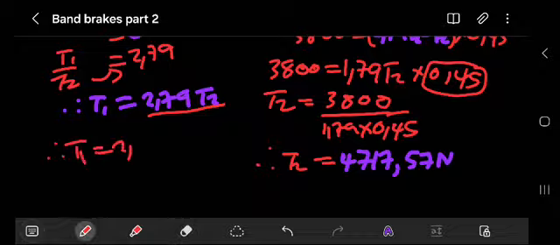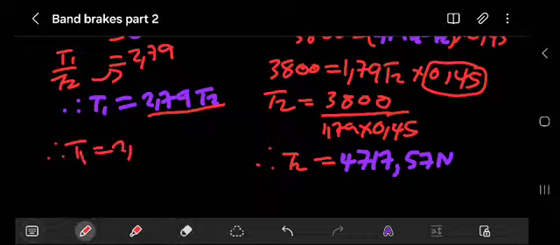Why did we need this? It's because from the beam, this is where we can get the force, because we are supposed to know the value of T1 and T2. Remember, on the beam here we have T1, which is unknown, and this is also T1 here.